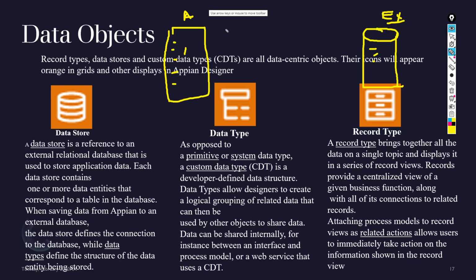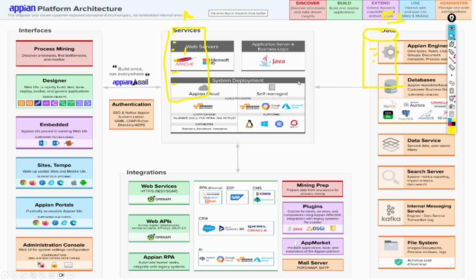I'm going to go back here. But we also have a data server inside Appian. So even if we're using an external database on the outside, in Appian we also have a data server inside.